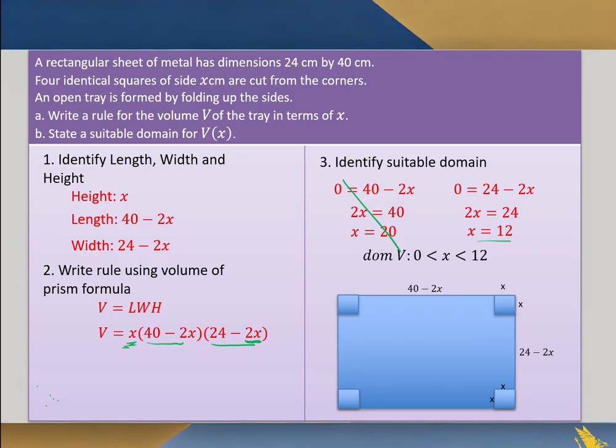So my domain for the volume will be x is greater than 0 and x is less than 12. I've not put equal because we're not going to have a volume of 0, because it doesn't make sense. We're talking about a prism.